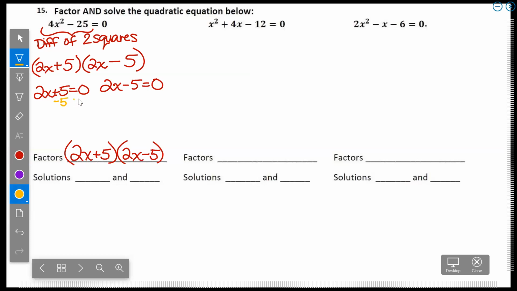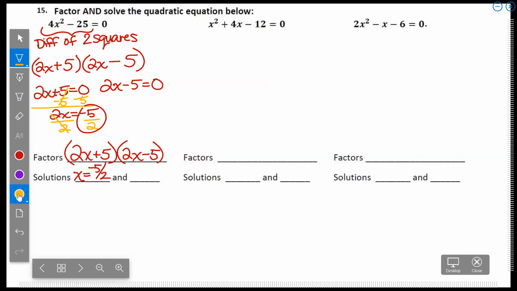So for one of them, I'm going to have to minus 5 from both sides. I get 2x equals -5. And then I divide both sides by 2. There's my solution. X equals -5/2.